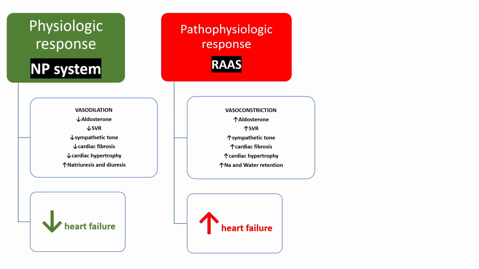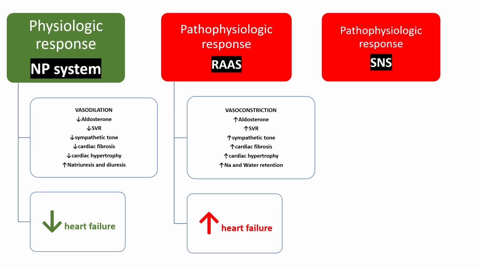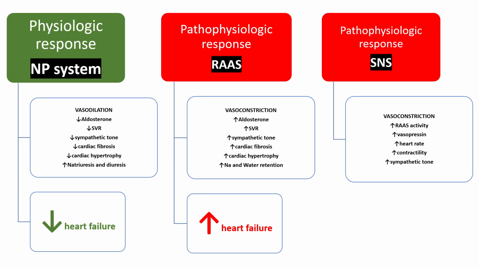The third system that is activated, and that we talked about, in response to a reduced systemic perfusion is the sympathomimetic nervous system. It also causes vasoconstriction. It increases RAS activity, increases vasopressin, heart rate, contractility, and the sympathetic tone in general.